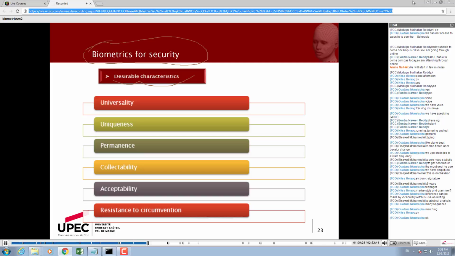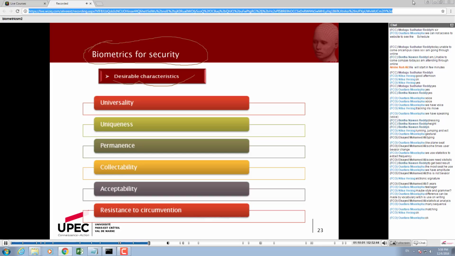When you are asked to develop a biometric application, you have to choose which modality. You can say, okay, let's work with fingerprint, face recognition, iris, or something like this. But the main question is how to choose between the different modalities. Which one is better?